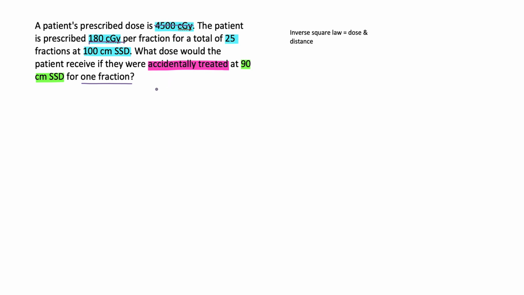Now, how can we think about this question before we even start solving? Our radiation comes out of the source in this triangular fashion. When the dose is close to the source, it's much stronger. As it travels further, it's spread out over a wider area, so the dose is less strong.